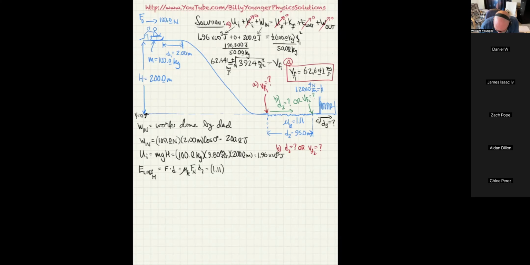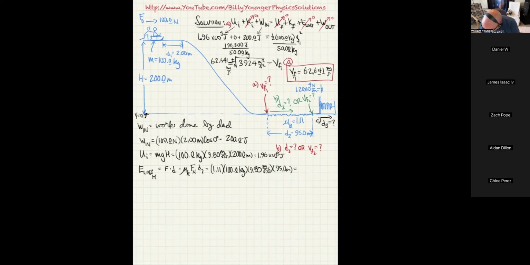Okay. The normal force is supposed to be mg, so that's going to be 100.0 kilograms times 9.80 meters per second squared. And so now I've got mu times m times g, and now I've got to multiply that by 95.0 meters. And that gives us, of course, joules.